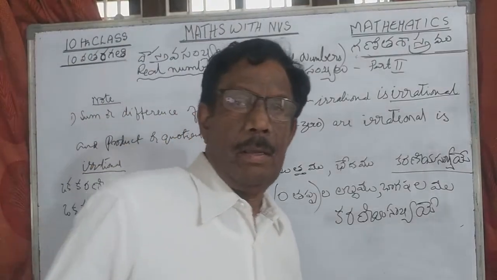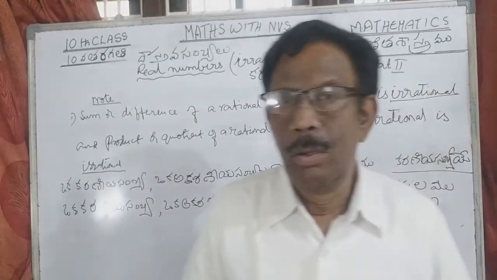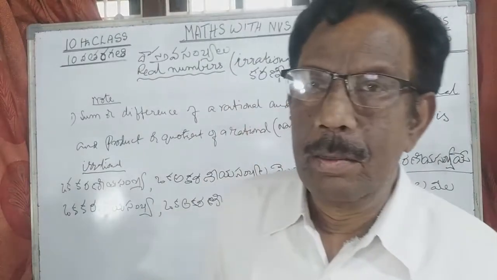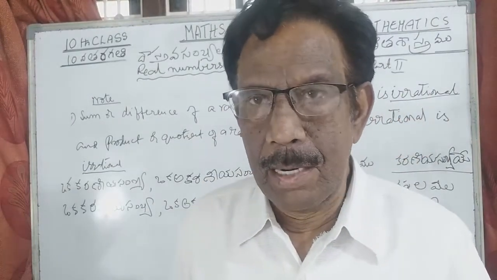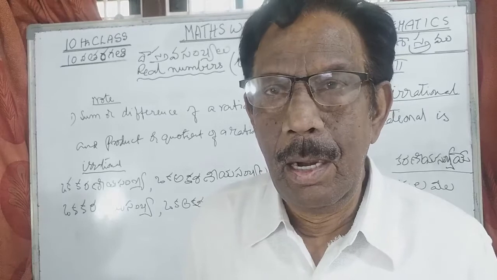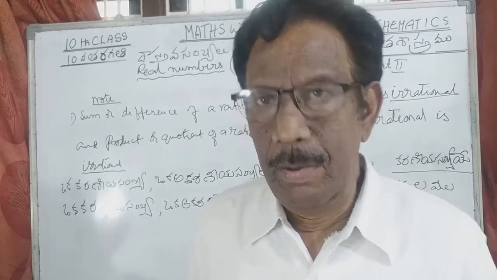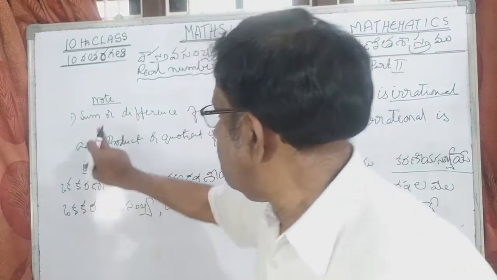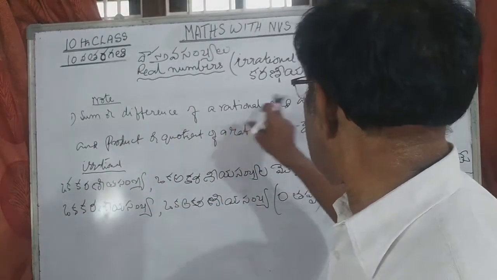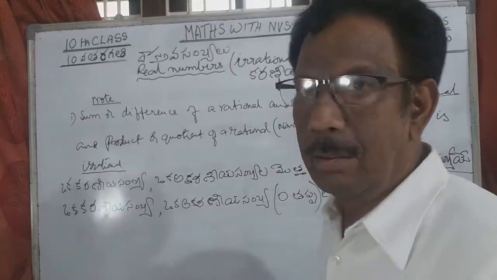In this set of irrational numbers only, we have studied some important points in the 9th class. Let us recall those things regarding irrational and rational numbers and addition, subtraction, multiplication and division. Look at this. The sum or difference of a rational and an irrational is always irrational.